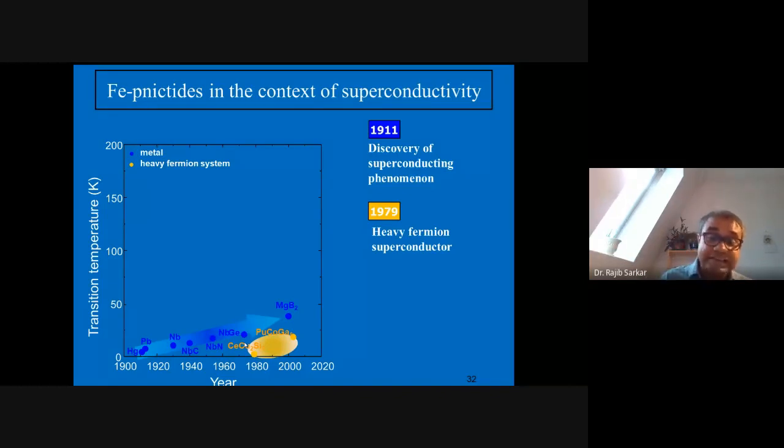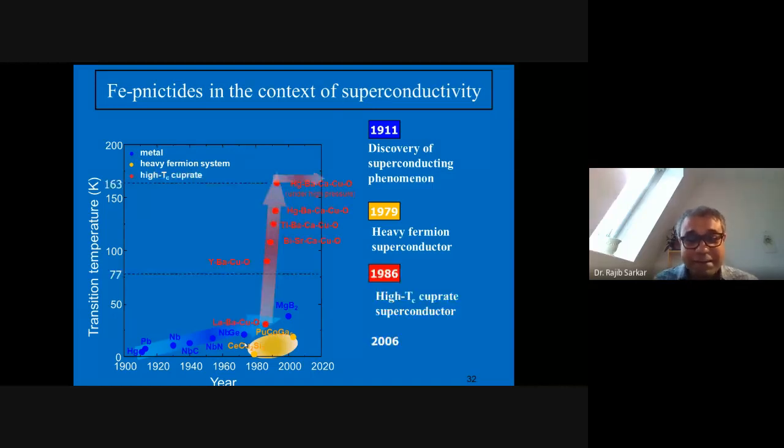Before 1979, people used to think superconductivity and magnetism were antagonistic. They don't like each other. Nevertheless, it was shown that even in the presence of magnetism superconductivity can be obtained, which was also found in high-TC cuprates in 1986. People got the Nobel Prize for this discovery in experimental physics.